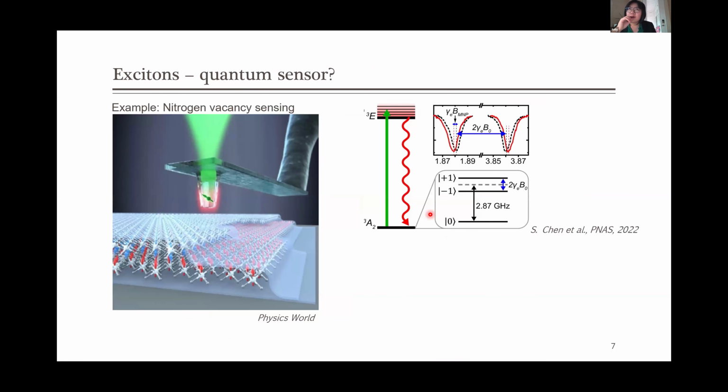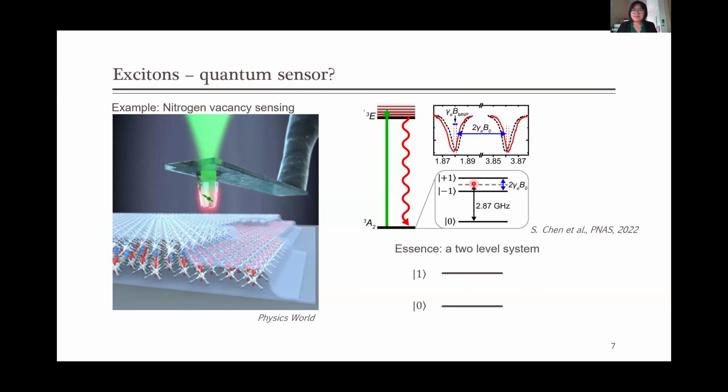But then we always had this question of whether we can use excitons as a quantum sensor. Well, we have seen many other quantum sensors like nitrogen vacancy. You have a single spin, you shine light because it has this type of three energy level system. You can first excite it and then use this energy splitting to measure the local magnetic field as a sensor.